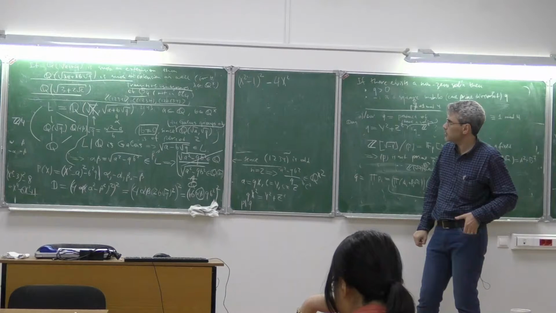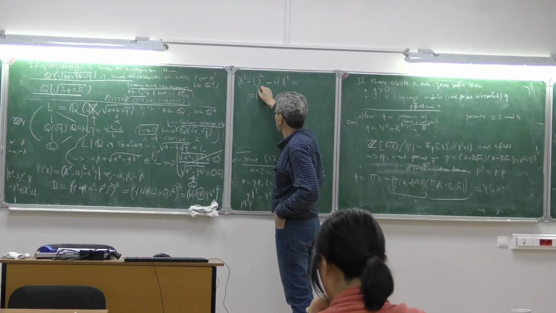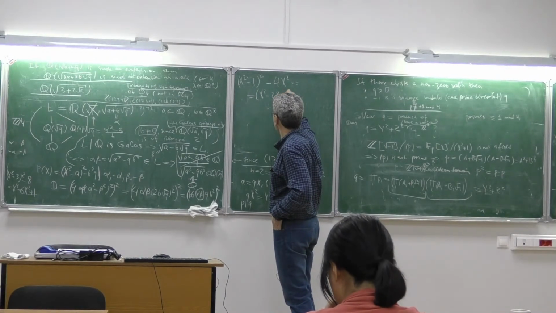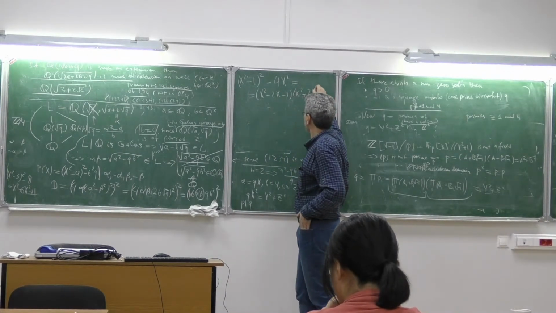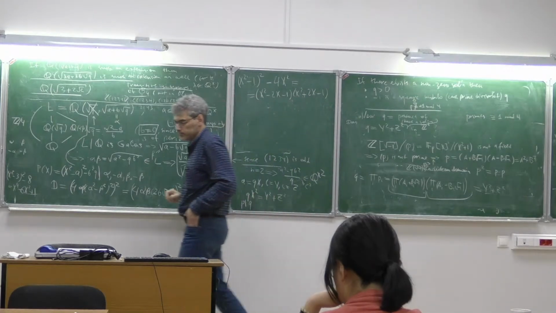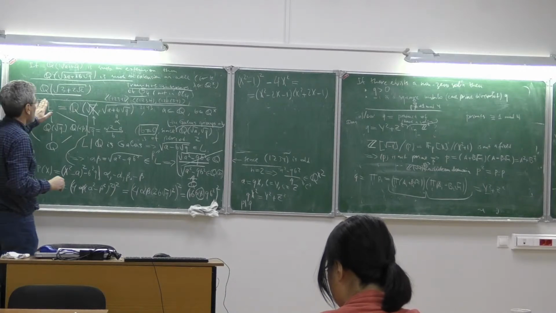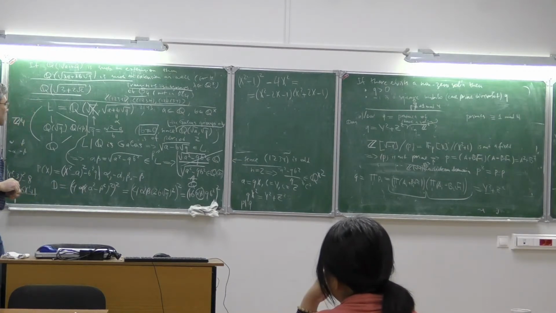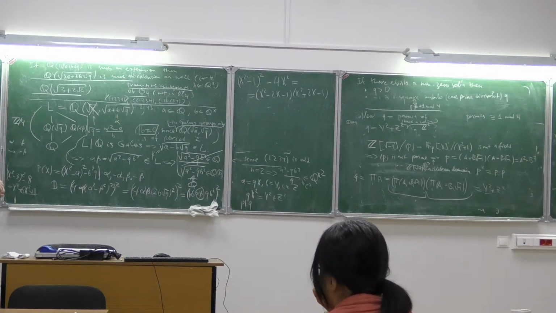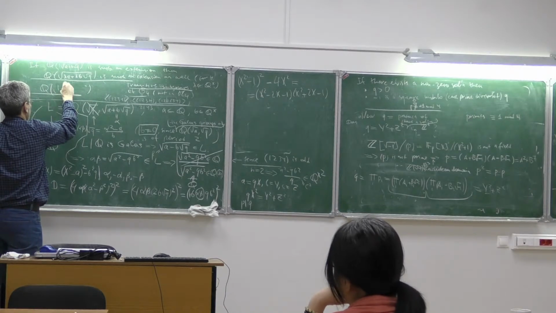So it is x squared minus 1 minus 2x. Why is the polynomial of this alpha like that? Because this is just 1 plus the square root of 2.